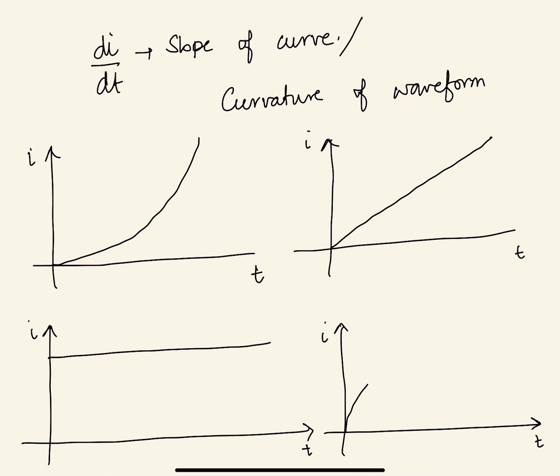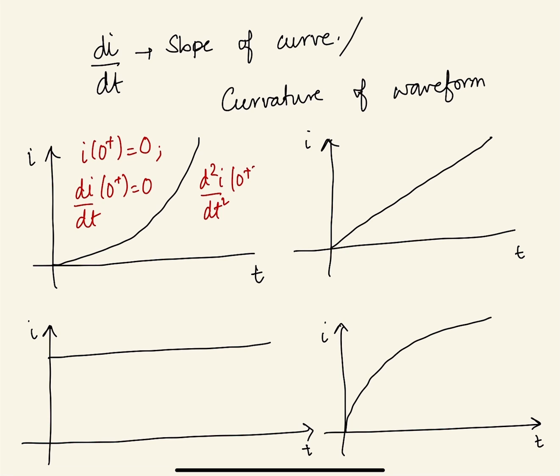For the first curve, I0 plus is 0, and di by dt at 0 plus is equal to 0. And also d square I by dt square at 0 plus is equal to some constant k which is greater than 0.